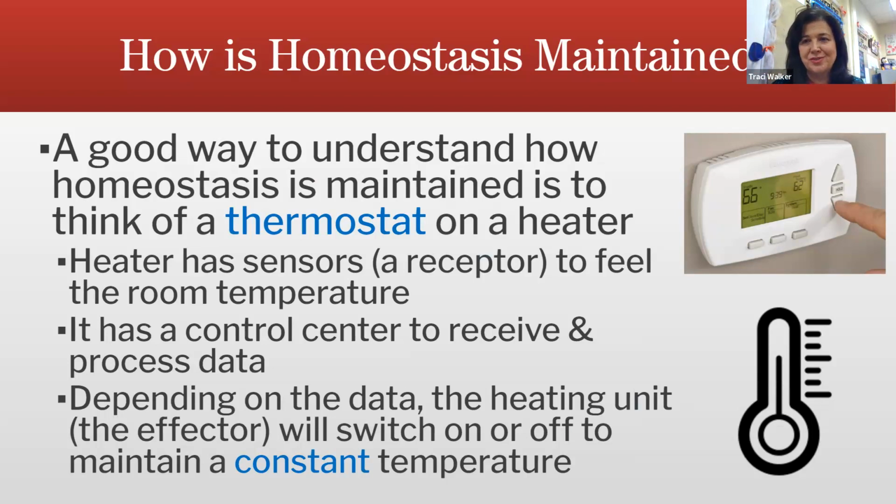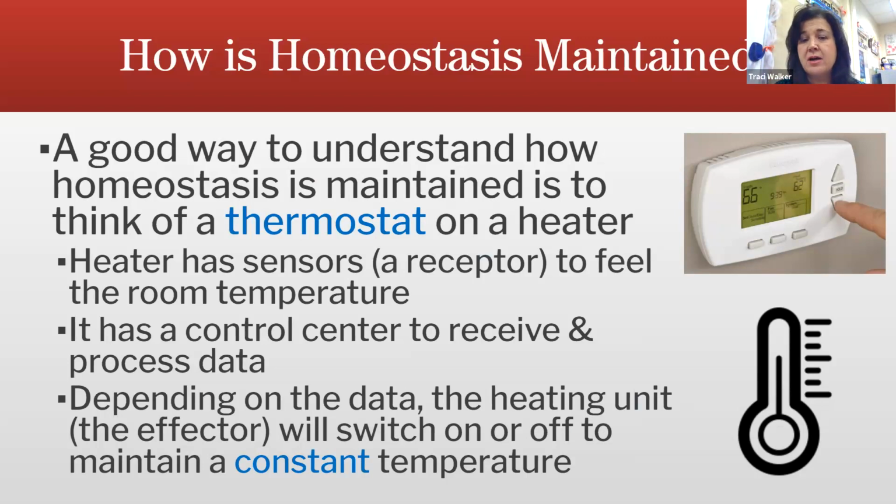So these sensors that are throughout the house are like our nerve cells that are all throughout our body. And so when the sensors detect a change in the room temperature, they send that information to the control center, which is the thermostat.